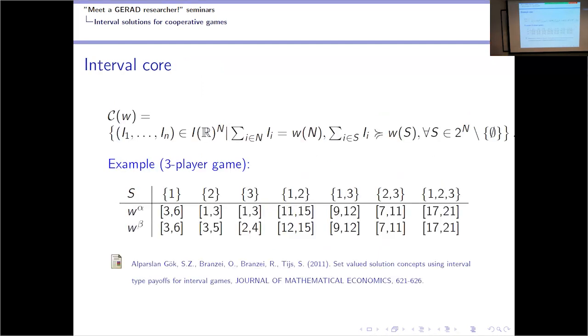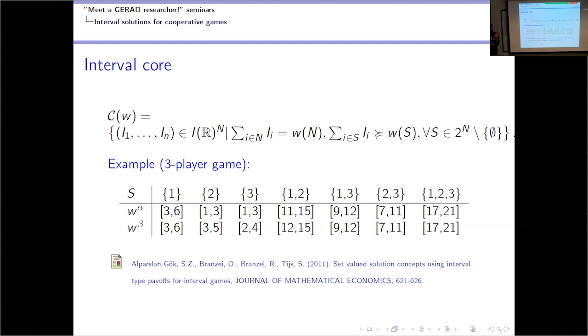And let me calculate the interval core. This is the definition of the interval core. First one is the efficiency condition, and second one is the stability condition. Again, we will use this table.